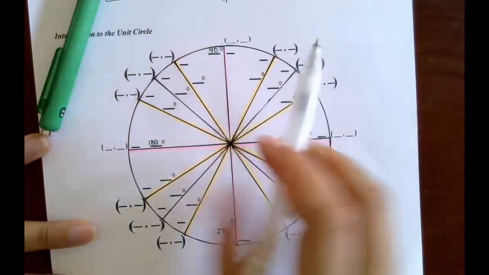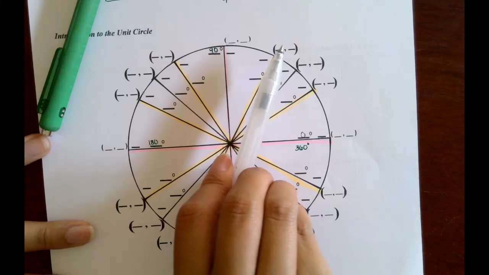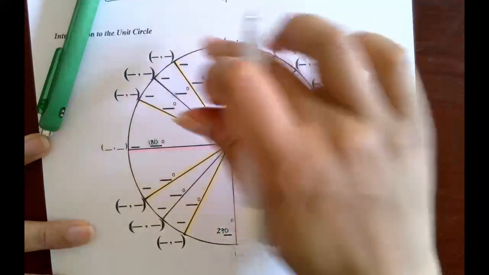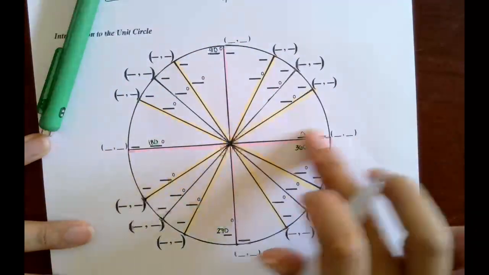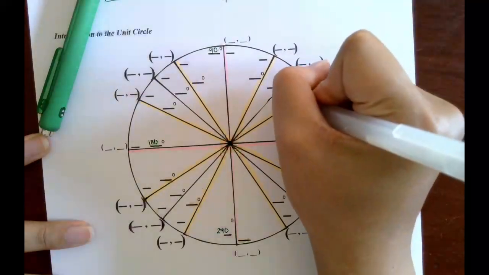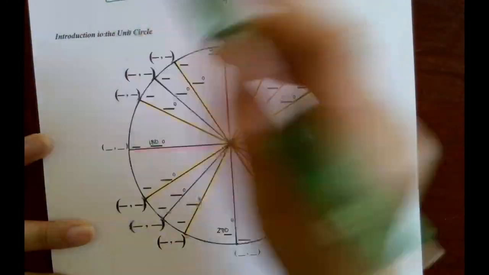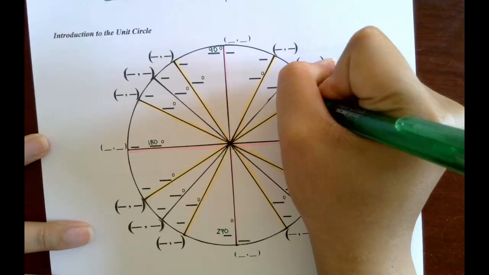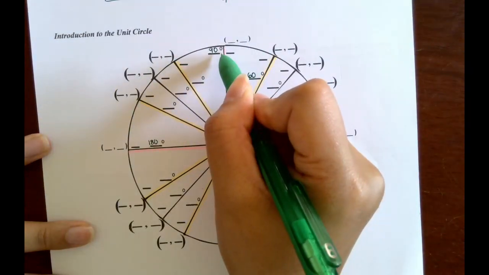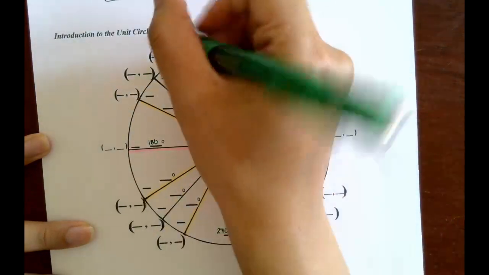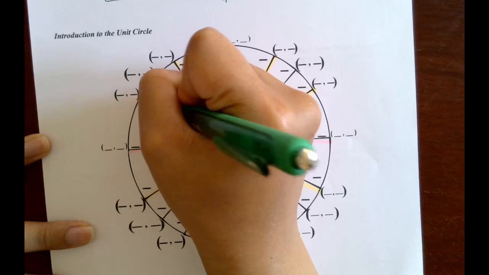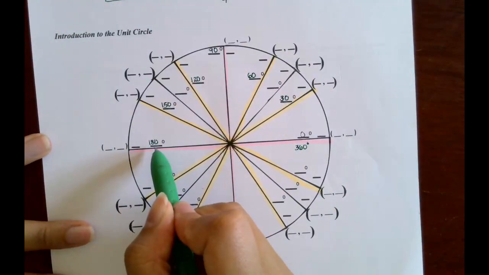Imagine if this was a clock. Here's 12, here's 1, this would be 2, here's 3. With each in between, if this is cut into thirds, a third of 90 is 30, so from 0 here would be 30, plus another 30 would be here at 60, plus another 30 is 90. Then plus 30 would be 120, plus another 30 is 150, plus another 30 is 180.